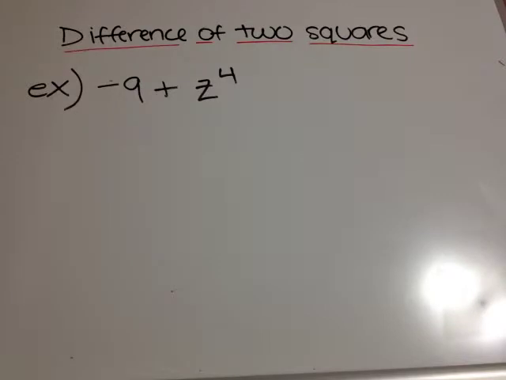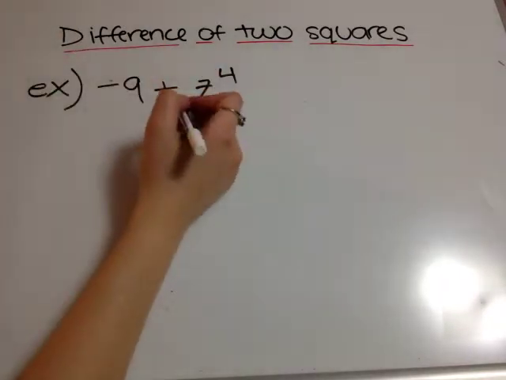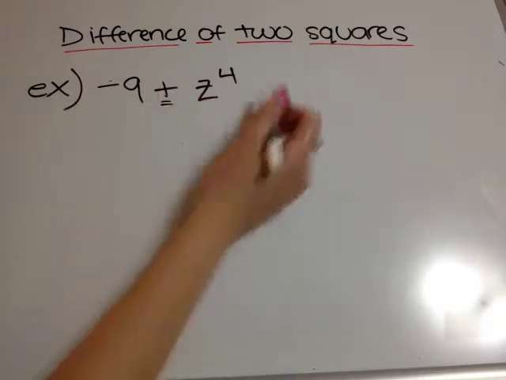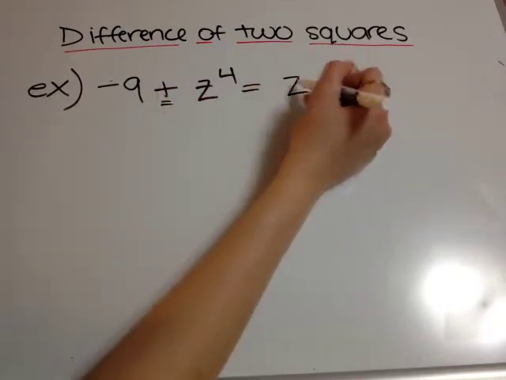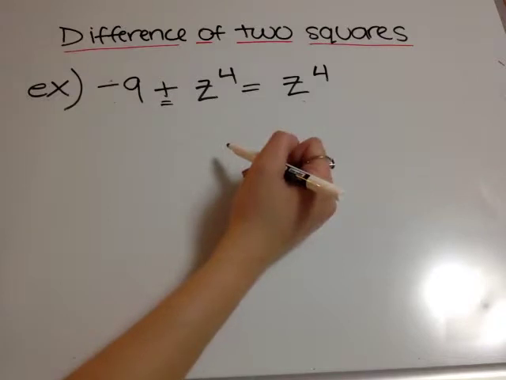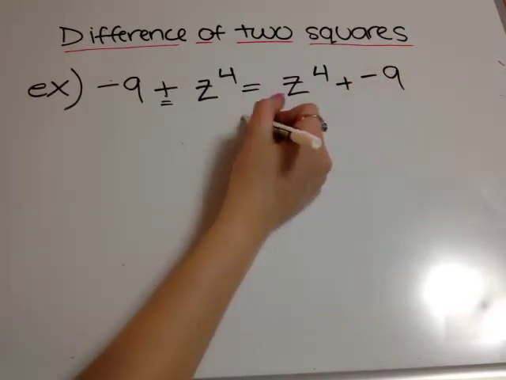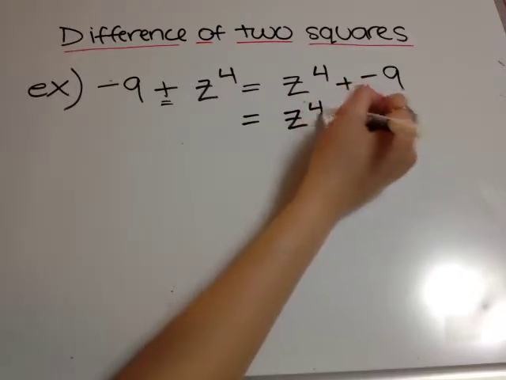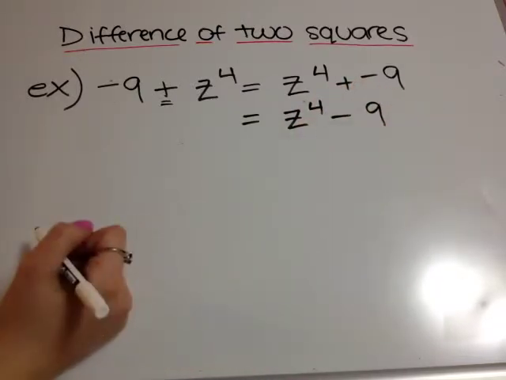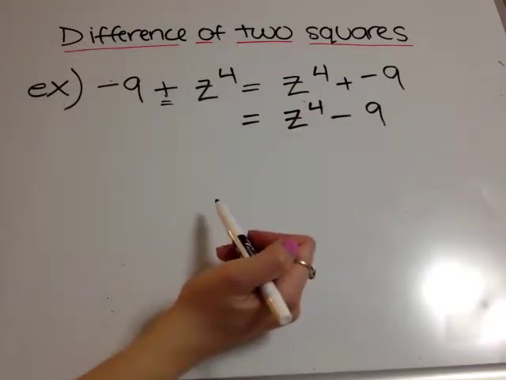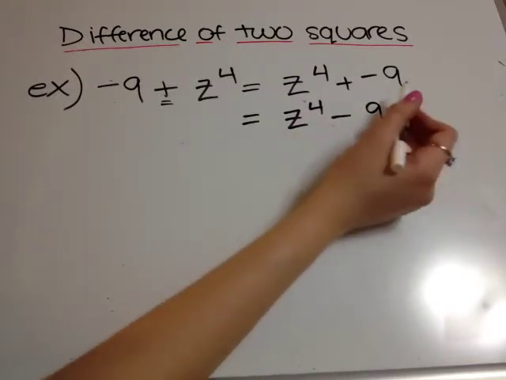Okay, so it's not really that apparent in the beginning that we can use the difference of two squares because we have a plus sign. But let's change the order for a second. So let's put z to the 4th first, and let's do plus negative 9. Simple arithmetic, we know that this is the same thing as z to the 4th minus 9. So now we can actually use the difference of two squares.